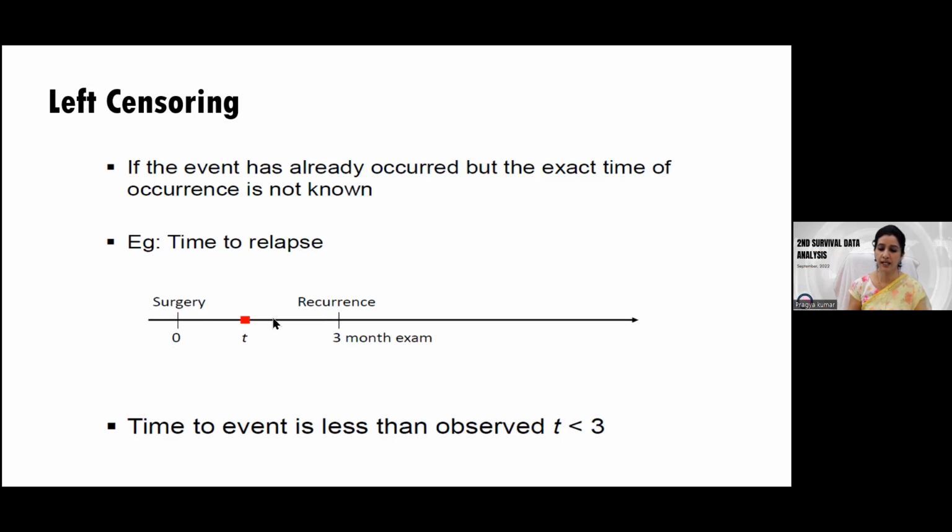So the hernia has developed in between these 2 time points, the time of the surgery and the time of the examination. You know that the event has occurred in between these 2 time periods, but the exact time is not known. So in this case, the time to event is less than the 3 months of examination. And this is known as left censoring.